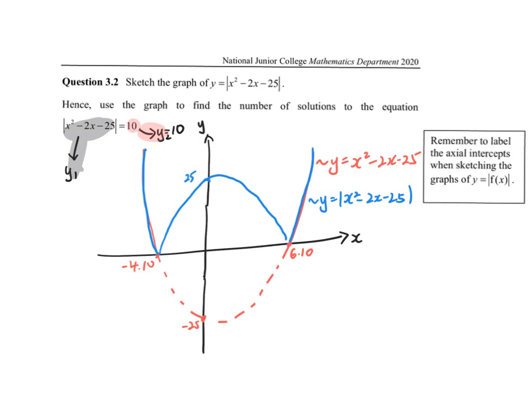If you draw the line y equals 10, we get 1, 2, 3, 4 points of intersection. So we can find the number of solutions by sketching the line y equals 10 onto the graph of modulus of x squared minus 2x minus 25. As you can see, there are 4 intersections, so you will have 4 solutions to the equation.